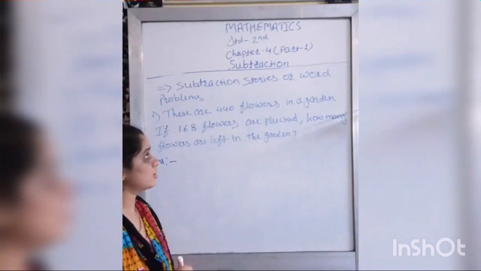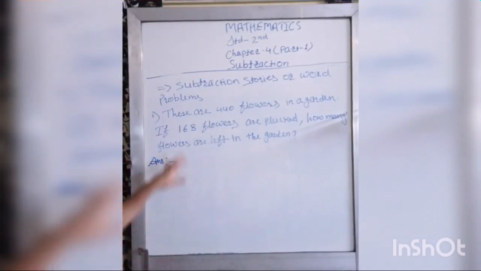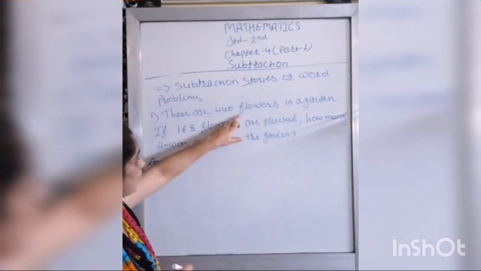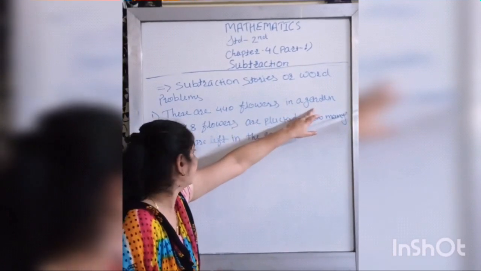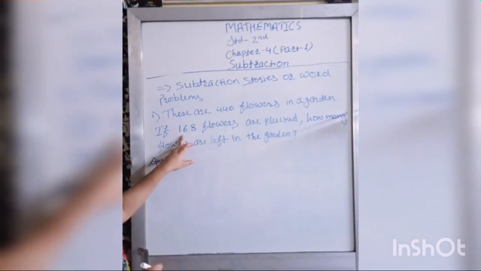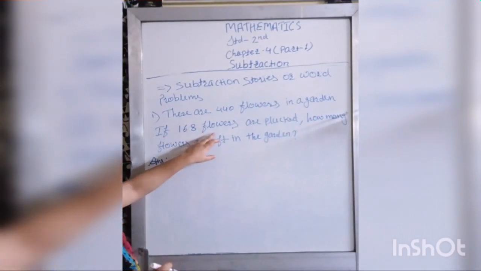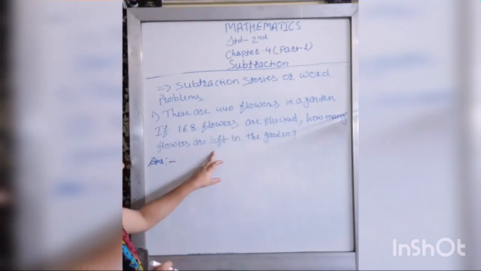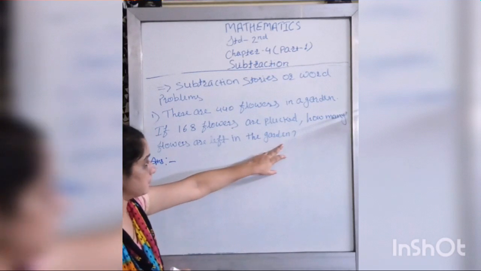Now see the subtraction stories or word problems. See the first one. There are 440 flowers in a garden. If 168 flowers are plucked, how many flowers are left in the garden?